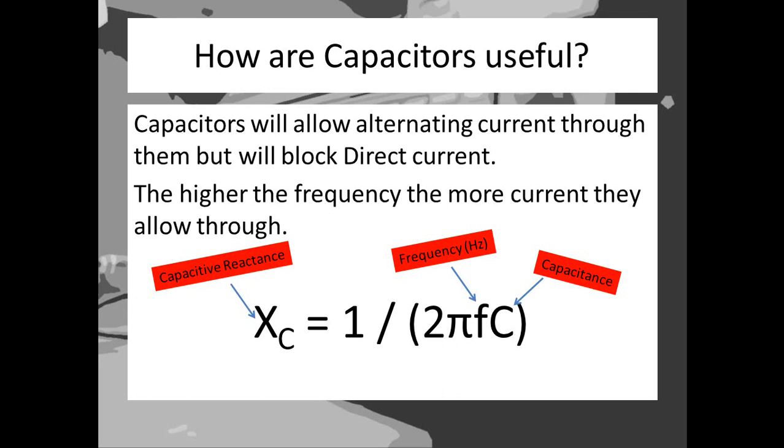With a capacitor, as you increase the frequency, the capacitive reactance decreases. So it becomes easier and easier for high frequencies to pass through capacitors, whereas low frequencies can't pass through them as easily.